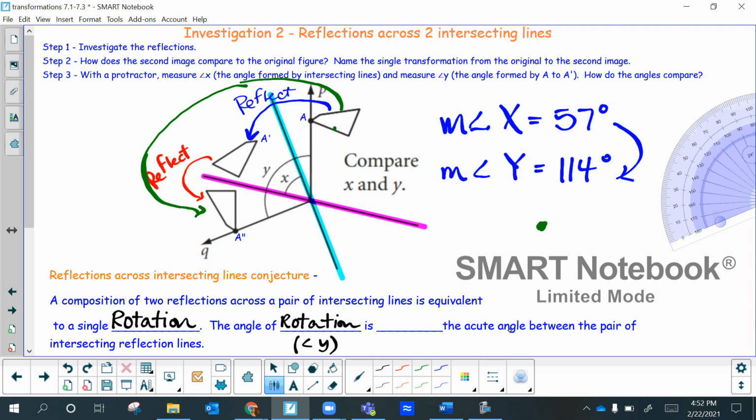The acute angle between the intersecting lines is the angle X in our picture. So how do you compare the angle of rotation, angle Y, to that one? It is double or twice, just like we wrote on the other one. It is double the acute angle, or twice the acute angle, between the pair of intersecting lines. Okay, so remember these in case I ask you questions on this on an upcoming quiz. And that is it.